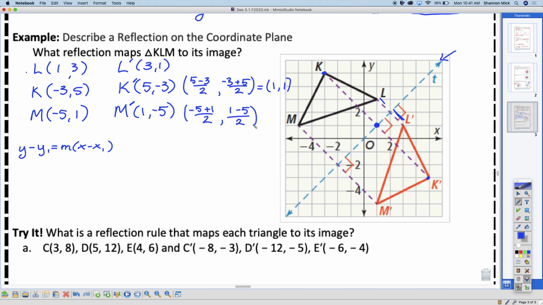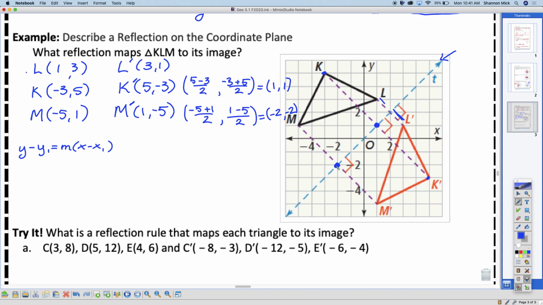Okay, so negative 5 plus 1 is negative 4, divided by 2, negative 2. And then 1 minus 5 is negative 4 again, so negative 2 again. Is negative 2, negative 2 where it intersects here? Yes.